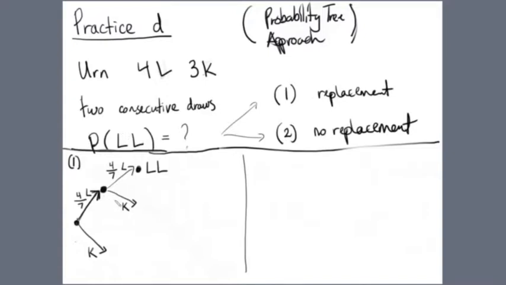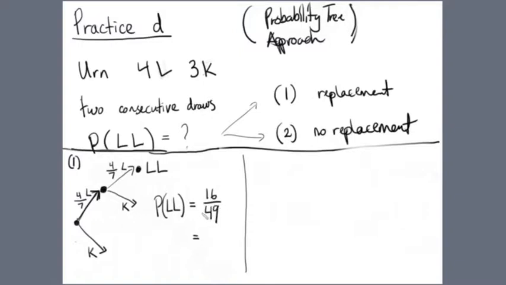Which means we don't even have to explore any of these other branches. So what's the probability of drawing a purple on the first and a purple on the second? It's going to be the product of the probabilities here. So 4 times 4, 16, divide 7 times 7, that's 49.